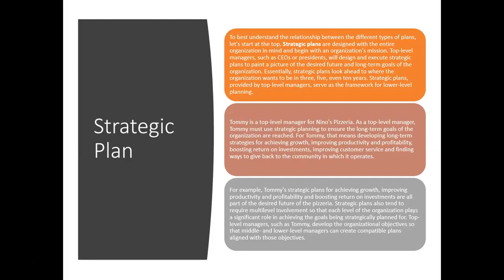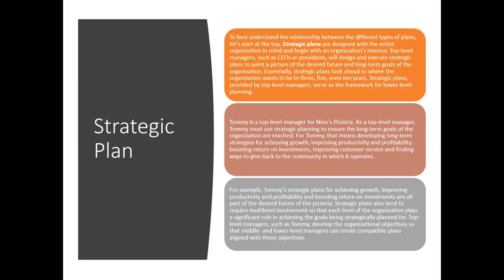Anyway, let's move on. Boosting return on investments, improving customer service, and finding ways to give back to the community in which it operates. Tommy's strategic plans for achieving growth, improving productivity and profitability, and boosting return on investments are all part of the desired future of the pizzeria.